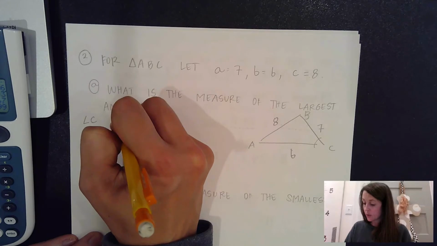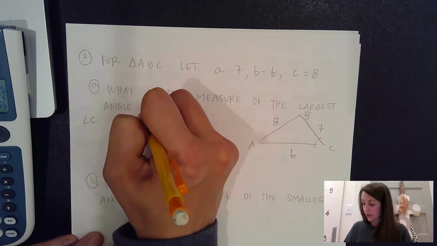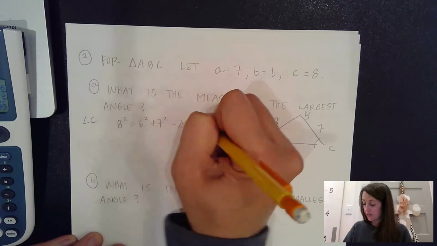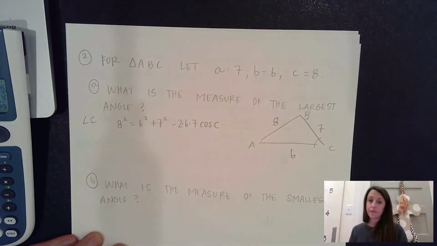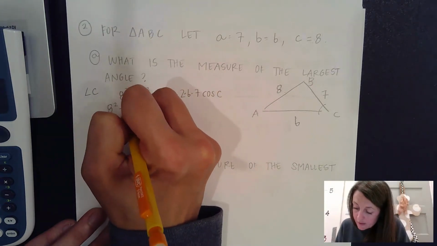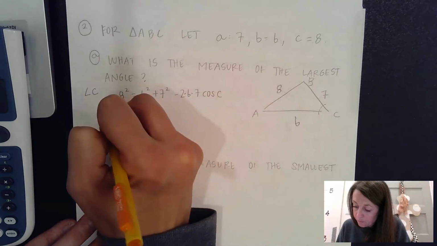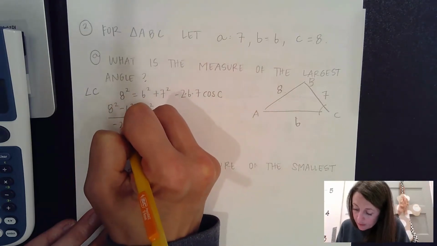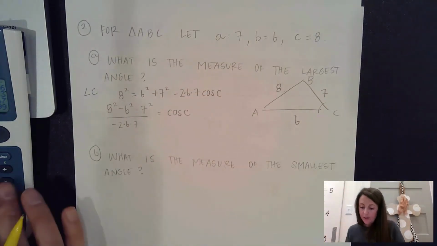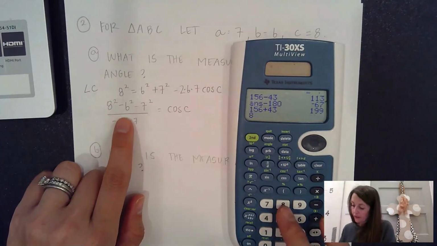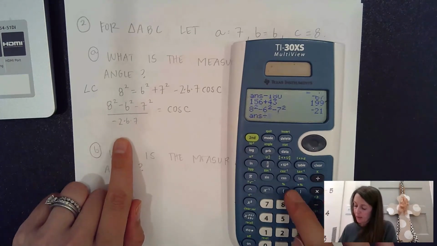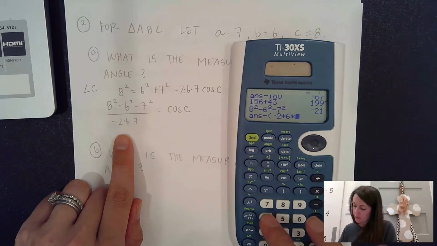So I'm going to say 8 squared is going to be equal to 6 squared plus 7 squared minus 2 times 6 times 7 times cosine of angle C. Okay, so if you rearrange this, it's going to be 8 squared minus 6 squared minus 7 squared all over negative 2 times 6 times 7 is going to be equal to cosine of C. So I'll have 8 squared minus 6 squared minus 7 squared divided by a negative 2 times 6 times 7.